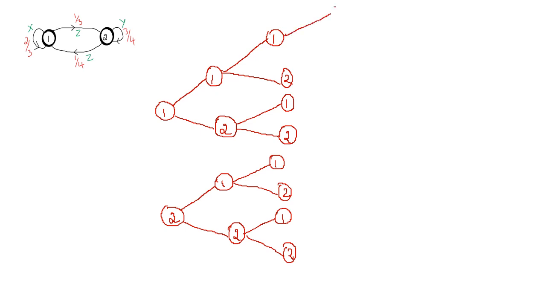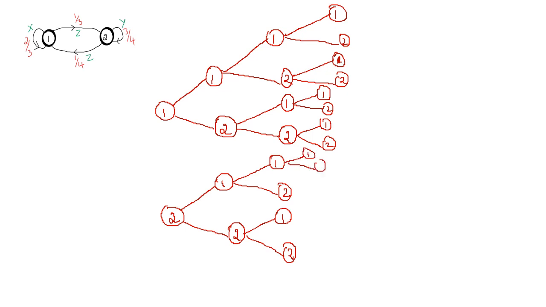Continue this state diagram in the same way for the third interval, with each state 1 going to 1 and 2, and each state 2 going to 1 and 2.